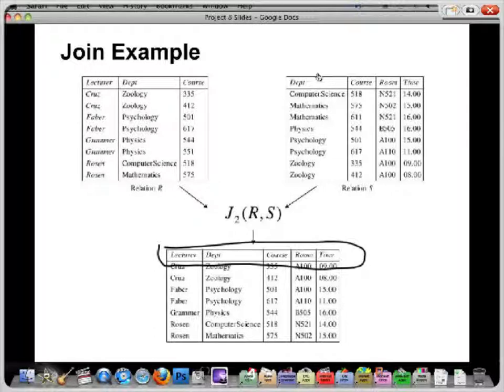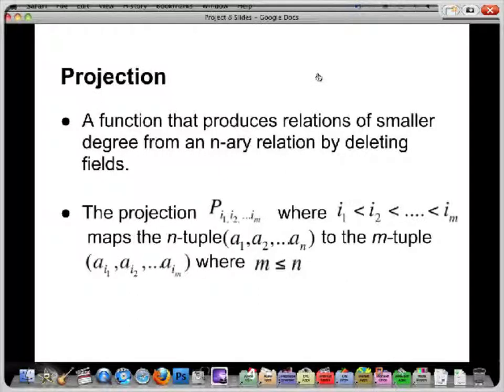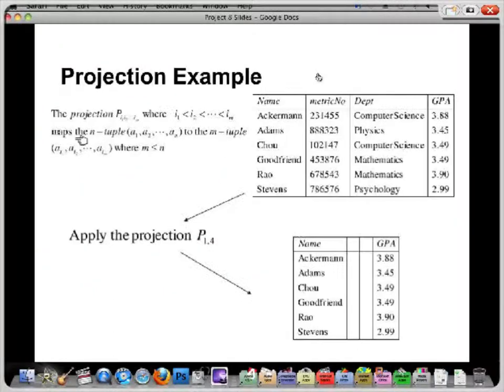But maybe you really only want to know the room and time because you just need to know which rooms are available at what times. So you can project this relation onto a smaller relation that's only going to have those two elements. The way we notate this is with a P, and the subscripts are the ith elements that we're going to include in the new relation.